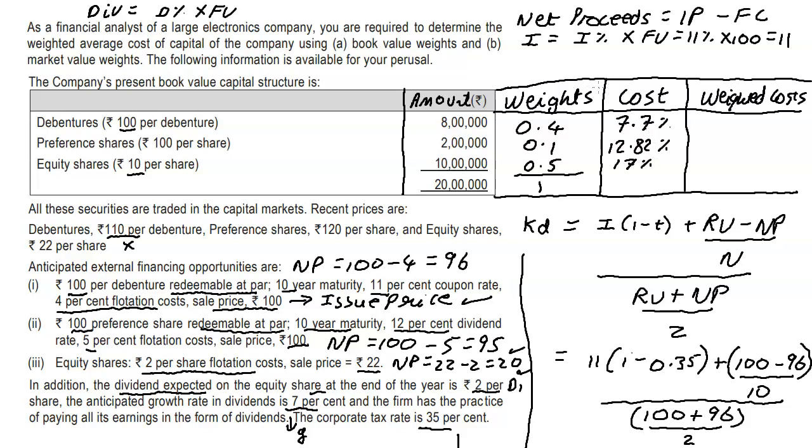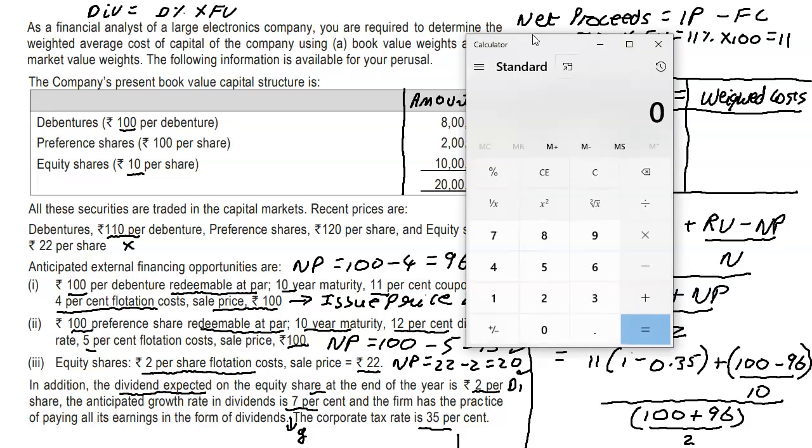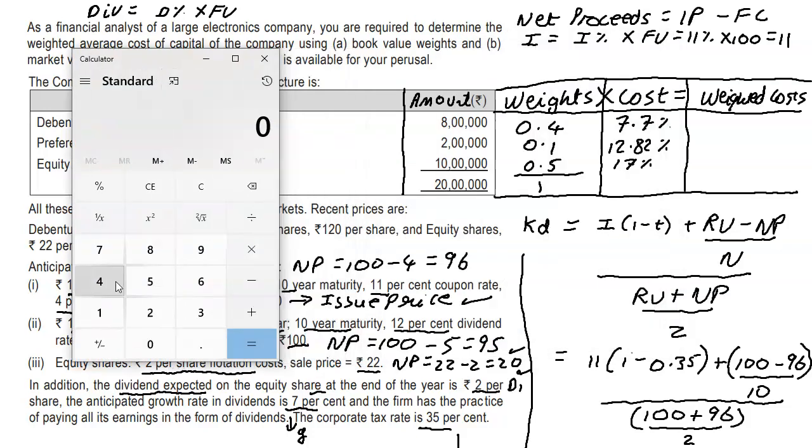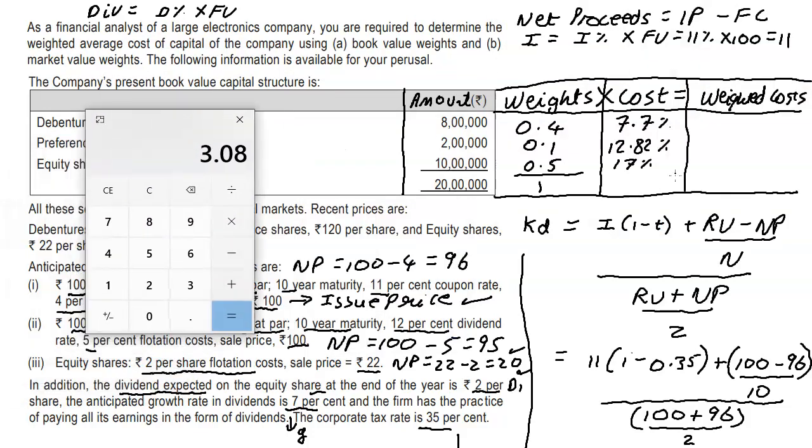Okay, and now comes the fun part. We multiply weight into cost to get weighted cost. Let's stick to standard. We have 7.7. I'm not going to make use of that percentage button at all. Simply 7.7 into 0.4 gives me 3.08.